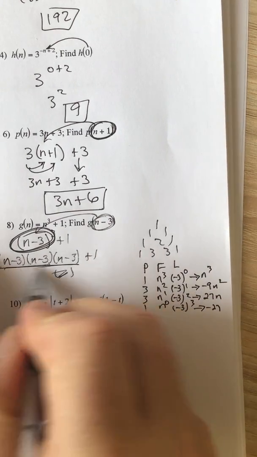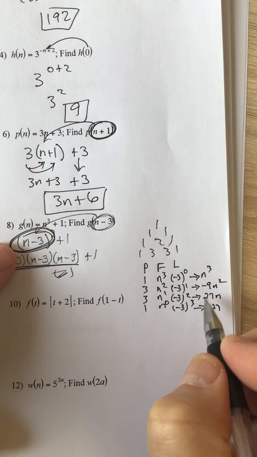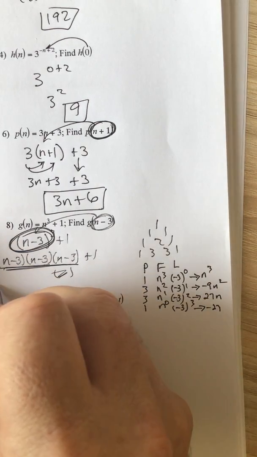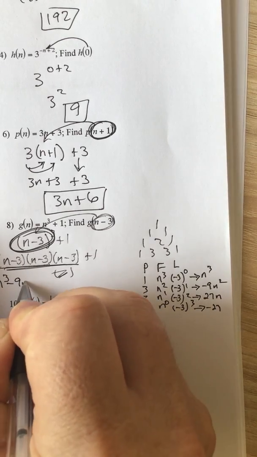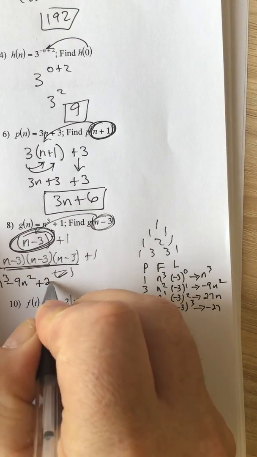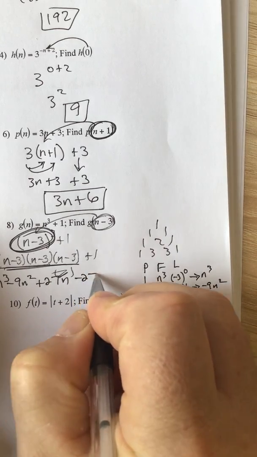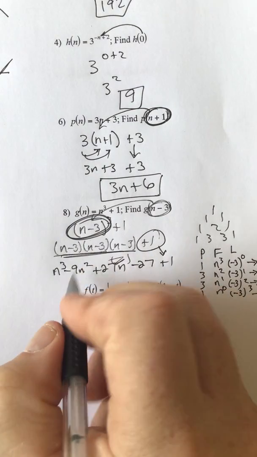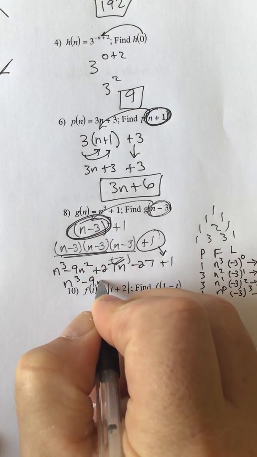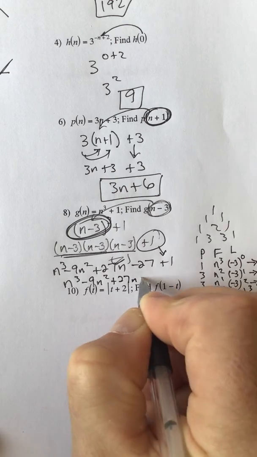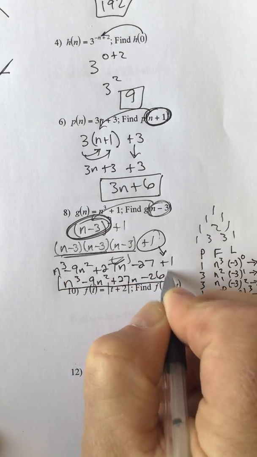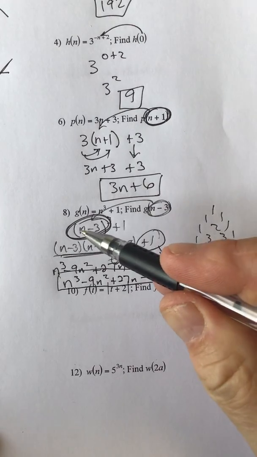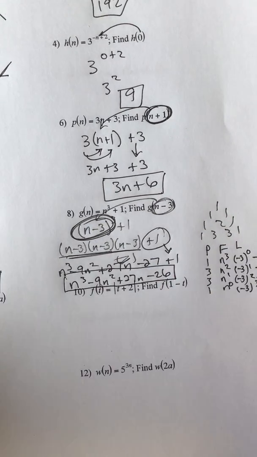So this whole thing, multiplied all out 3 times, is n to the third minus 9n squared plus 27n minus 27, and then I still have this plus 1. So the answer is n to the third minus 9n squared plus 27n minus 26. Pascal's triangle, so that you can multiply out these things much faster.